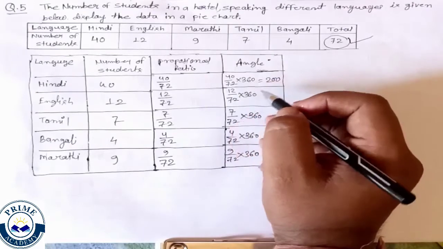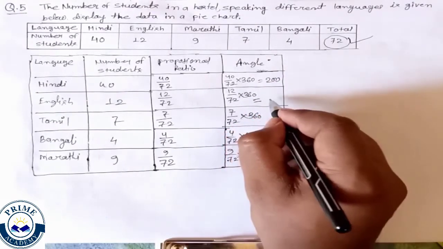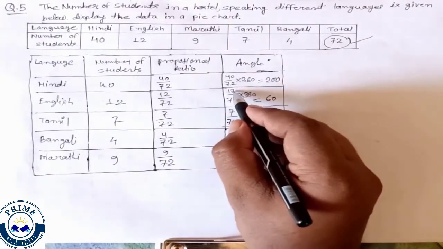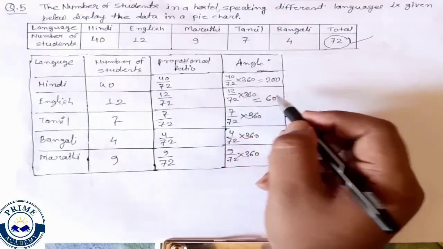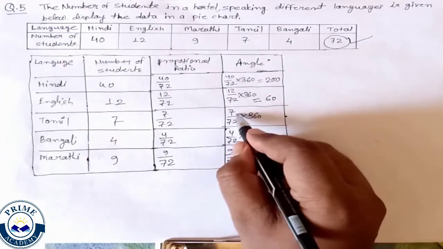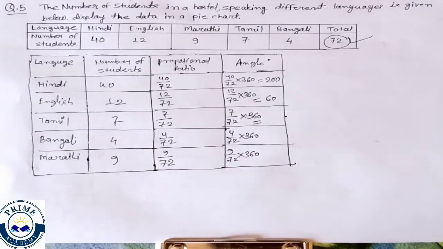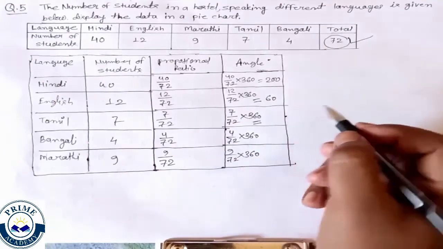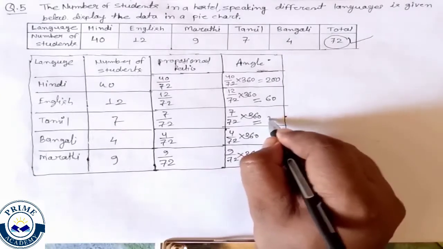So this will be 200, this will be 60, because 12 sixes are 72, right? So 6 divided by 36, you will get 60. Again you just solve this one, you will get 45. And this will be 35.